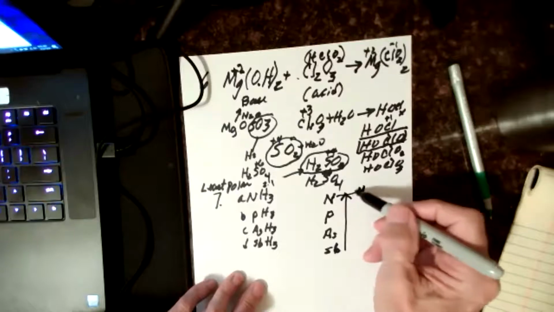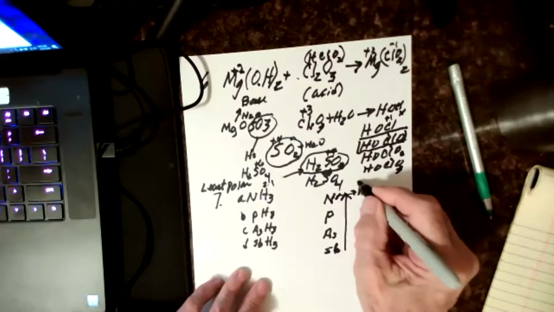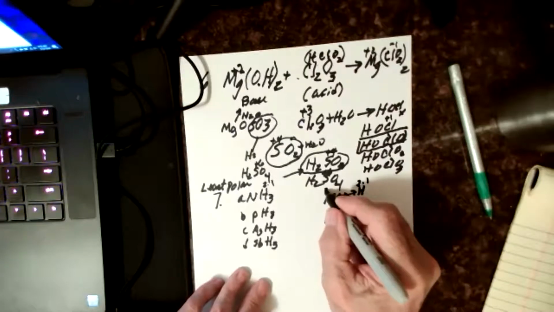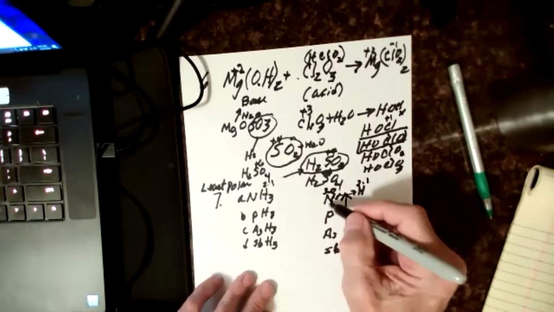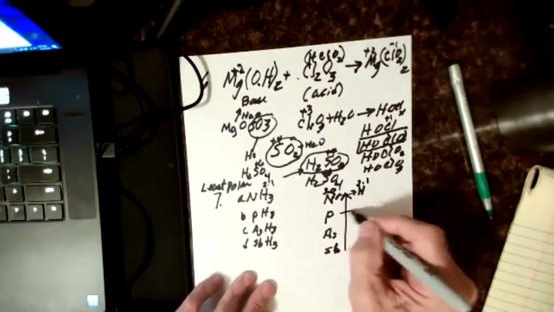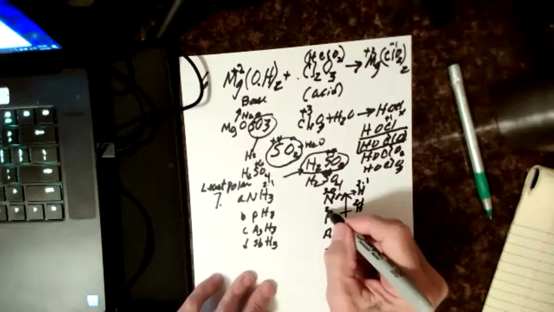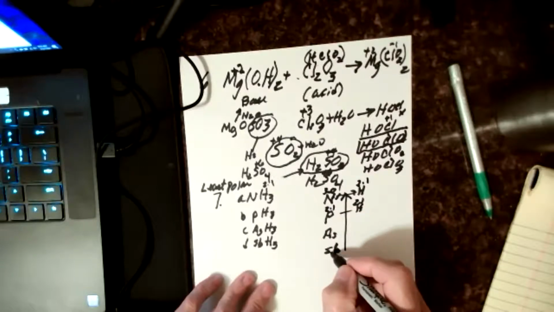So I'm going to get a polar bond, perhaps, between these two, and the difference in electronegativity: this one we know is 2.1. This one we know is 3.0, if you look on the periodic chart, the way we did them. This one and hydrogen turned out to be the same, 2.1, and phosphorus was 2.1. And then arsenic is going to be less than that and less than that.